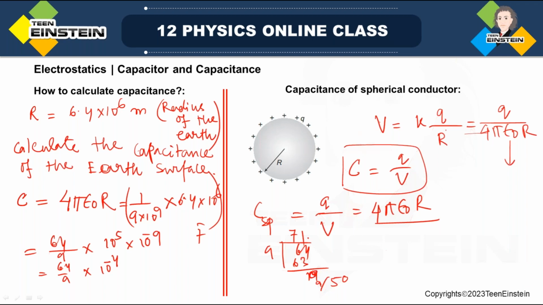If I do this calculation, I get 7.11 into 10 to the power minus 4 farad.